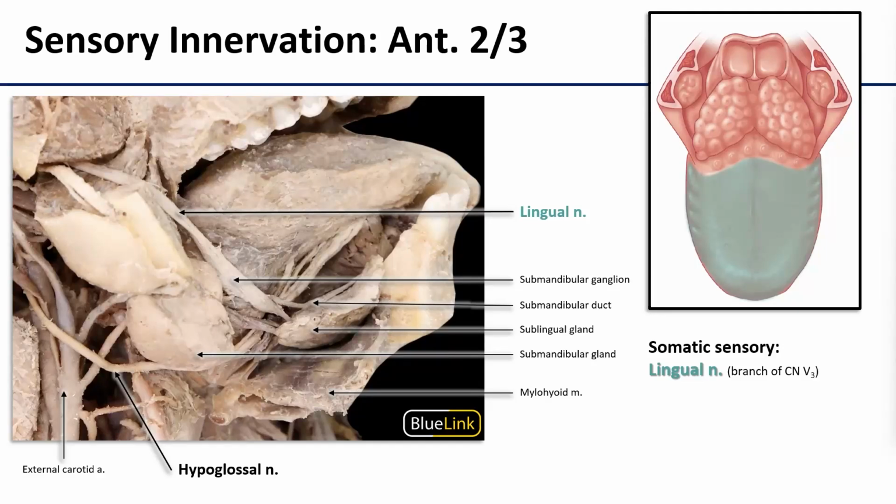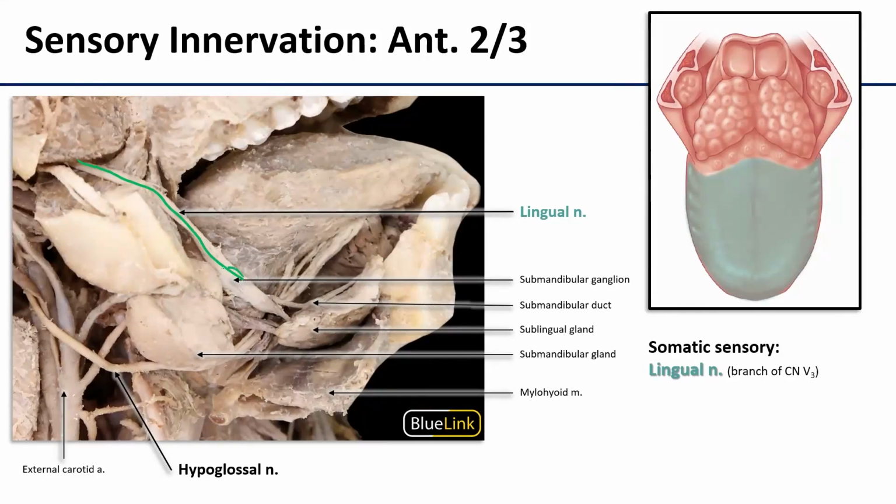It originates in the infratemporal fossa, which sits deep to the mandibular ramus. So it's going to travel anteriorly here. So here is where it's branching here, and then it travels anteriorly and inferiorly like so into the mucosa of the oral floor.